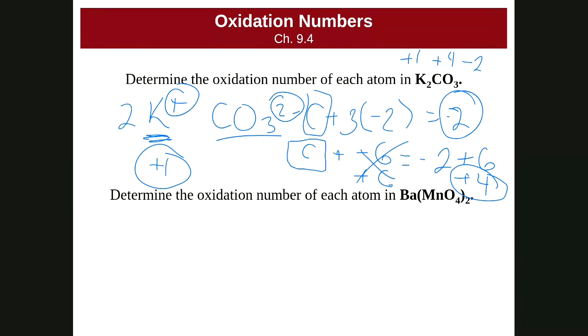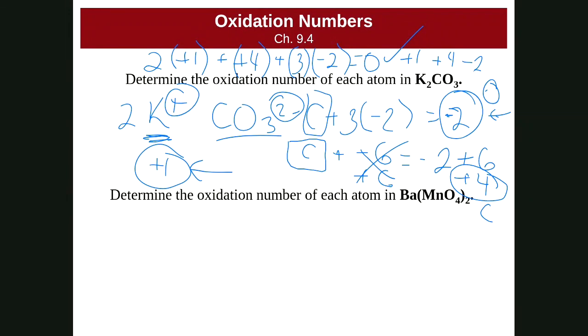So if we have 2 potassiums at +1 each, plus +4 for carbon, plus 3 times -2 for oxygen. So that's +2, plus +4 is +6, plus -6 equals 0. So we're done. So potassium +1, oxygen -2, carbon +4.